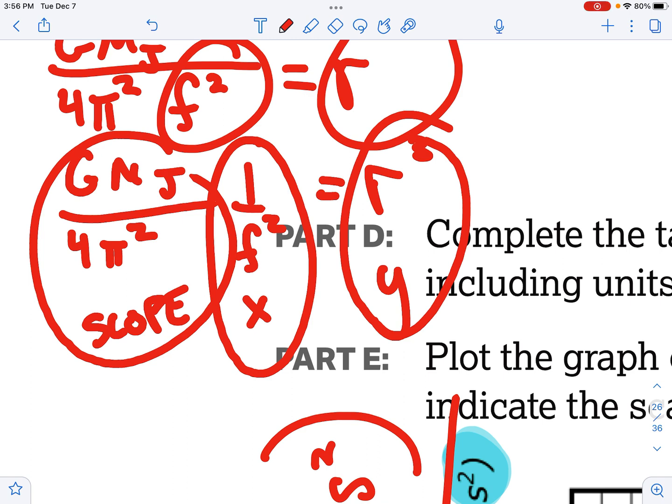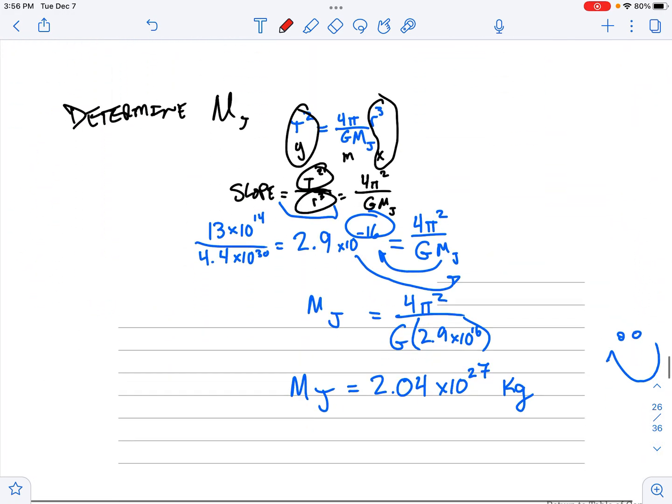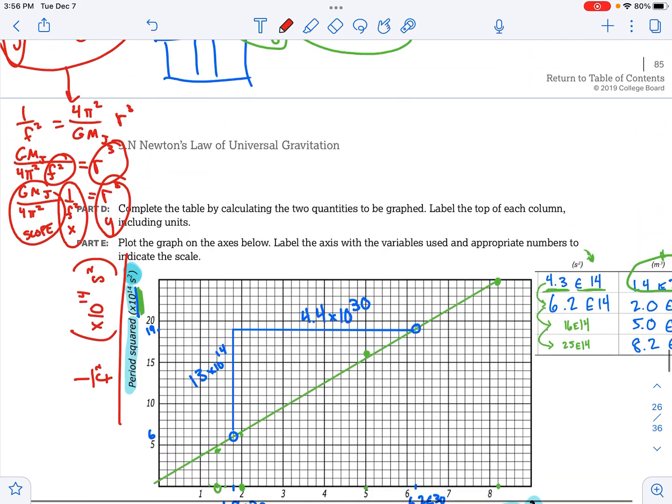Now, it's possible that you look at this and you say, whoa, whoa, whoa. Last time, we had radius on our x-axis and the time thing on my y-axis. That's completely backwards now. How can this be? How is our slope going to be useful? Aren't we going to get the opposite answer if we have things flipped?